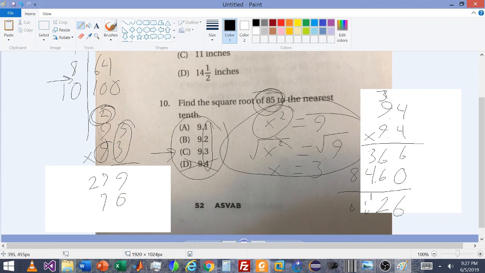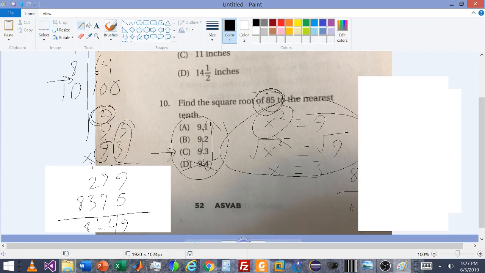Here's my 2 I forgot to bring down last time. 9 times 9 is 81, plus 2 is 83. So this is going to put us over 85 also. So it's going to be 86. So we'll go down one more step. Let's go down to 9.2.